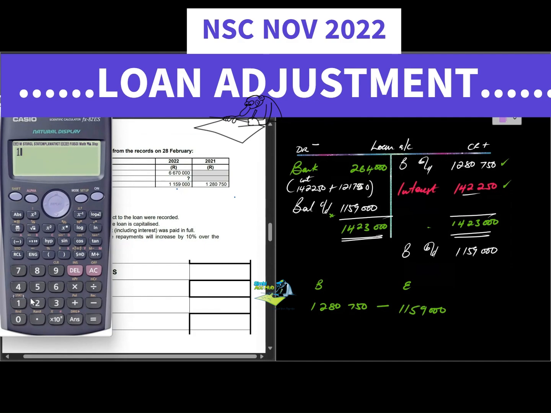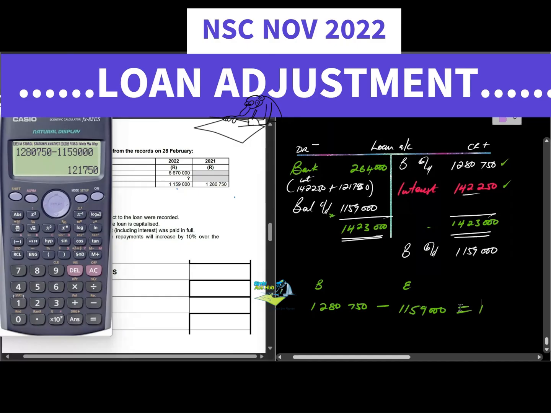So I would say my 1,280,750, then I subtract the 1,159,000, and then it gives you 121,750, which is the same as I would have got up here.